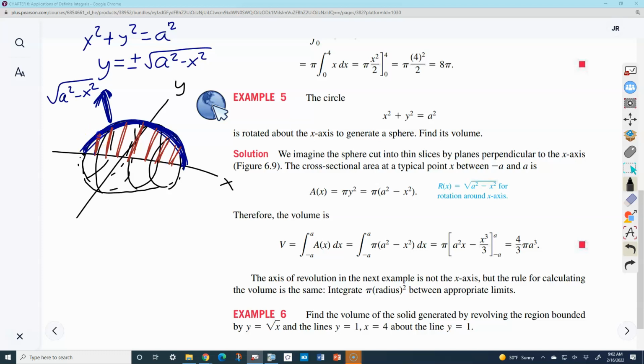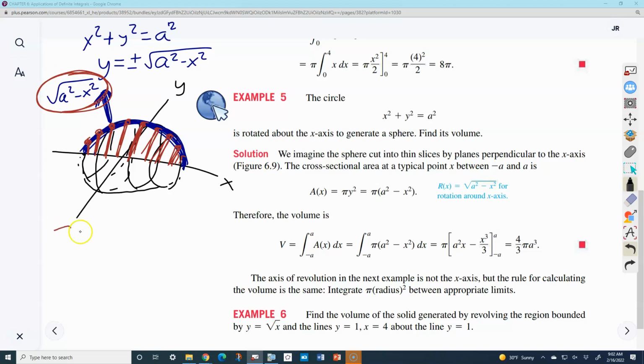And that radius is obviously changing, right? It's really small here, but it comes up farther as we go and then gets smaller again. But the radius is going to be the y-coordinate of all these points, and the y-coordinate of all these points is given in terms of the x-coordinate by this expression.